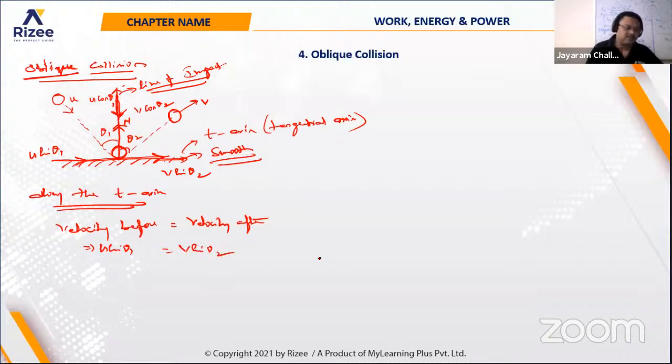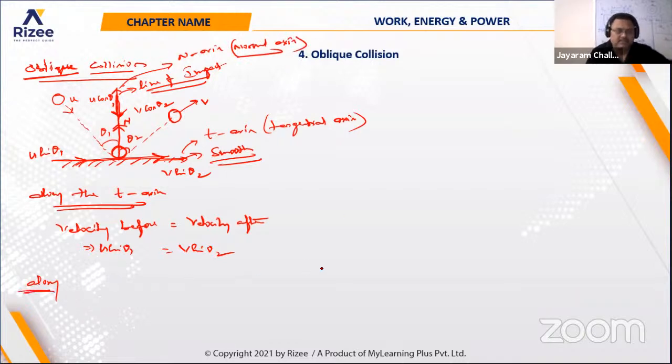So you can use this here. If the angles are the same, that's a secondary issue. Along the other axis, in the opposite direction, you can call it the n-axis or normal axis. So along the normal axis, what will happen? The impulse will be transferred, or the internal forces will be transferring the momentum.